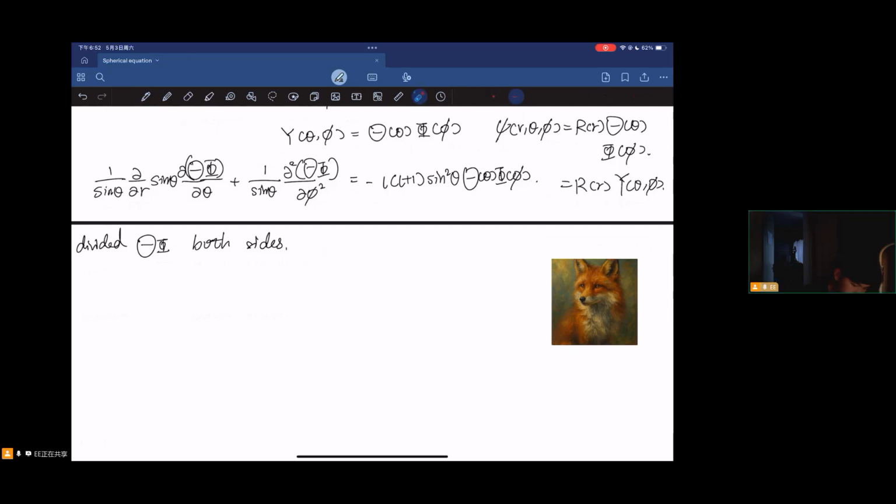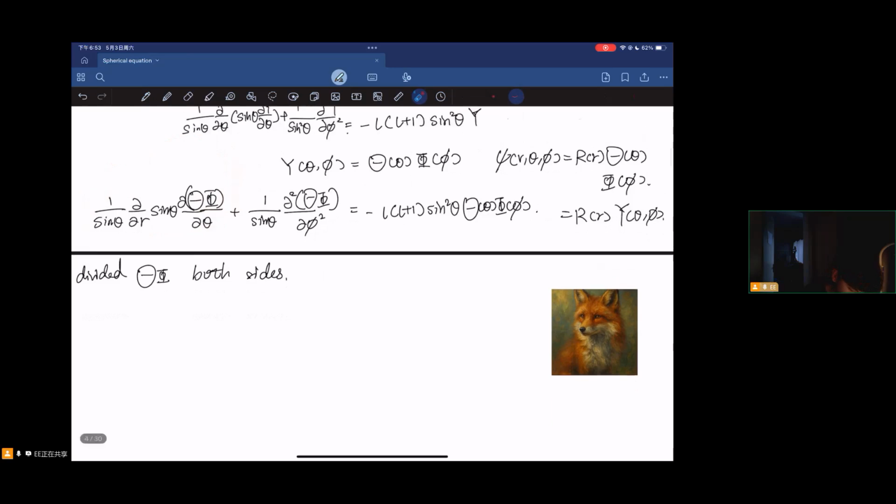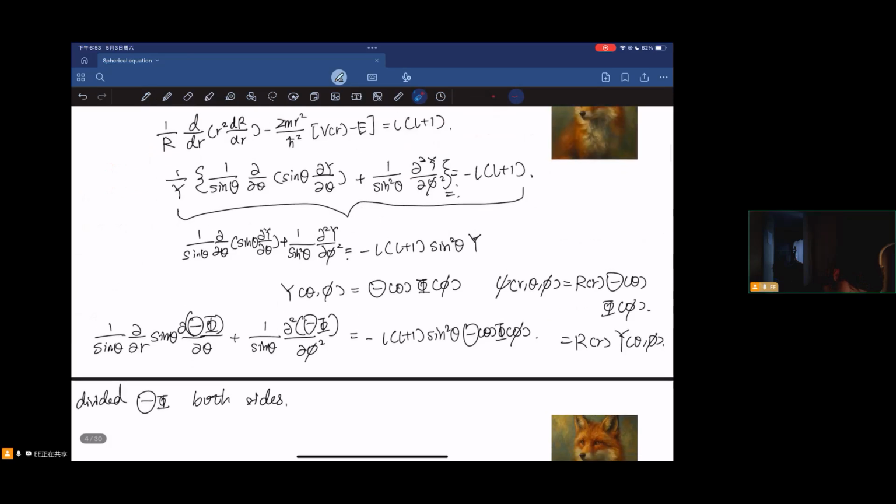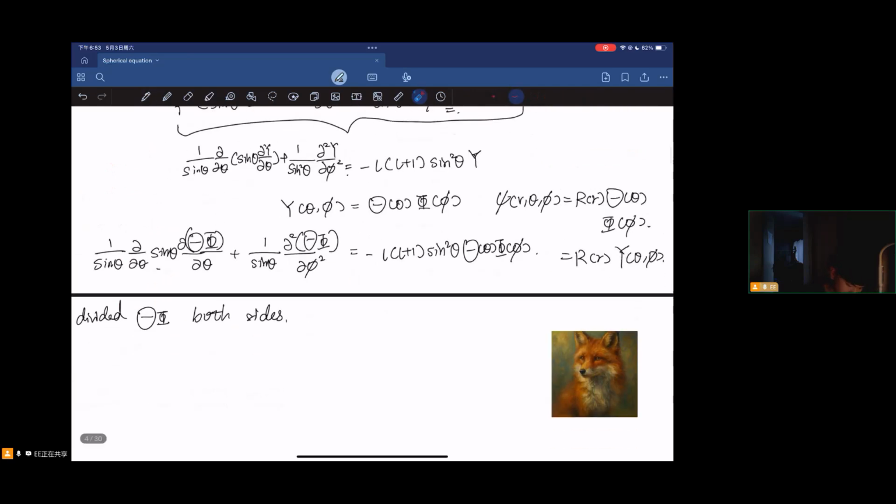Okay, now let's look at the first term. Because the phi parts are not related to the theta, I can just move it to the front. Okay, I think I made a mistake here. So here it should be theta, because there shouldn't be any r inside this equation.